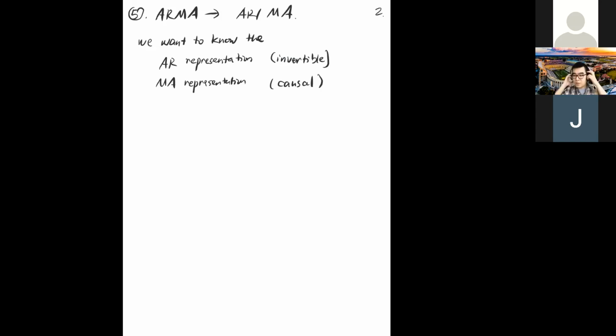That's okay. So sometimes we want to know the AR representation or the MA representation of our model, because we know that if our model is a valid ARMA model, we can always write it as an infinite AR representation or an infinite MA representation, and we might want the coefficients of the AR or MA representation.